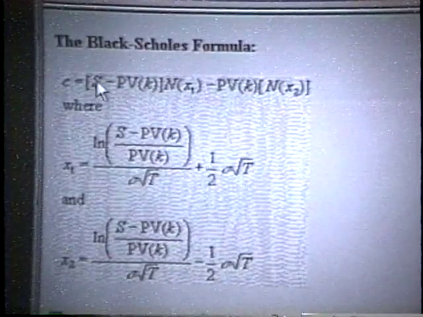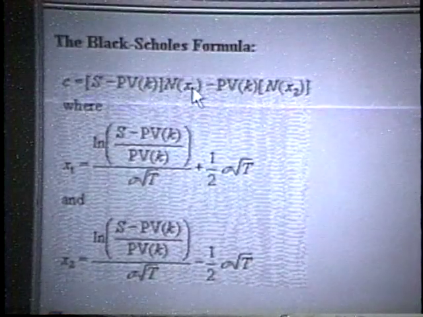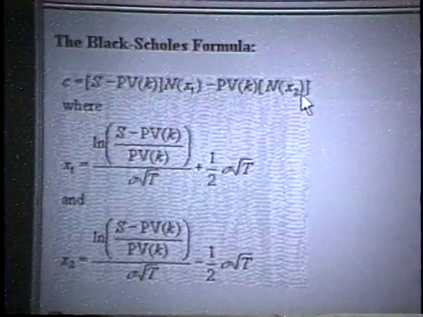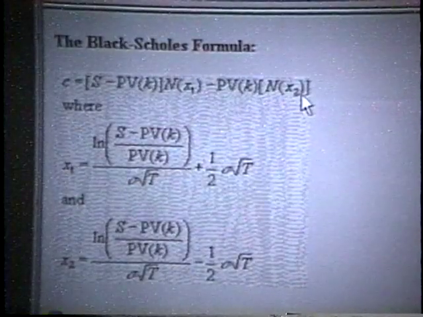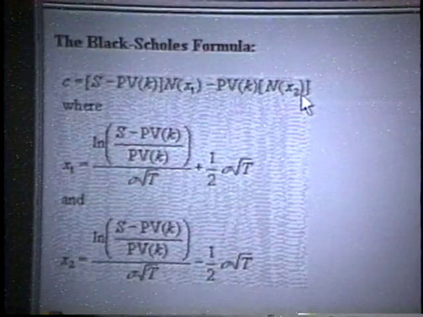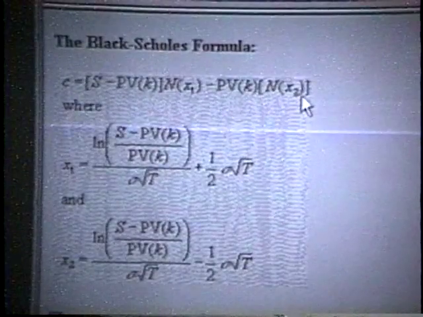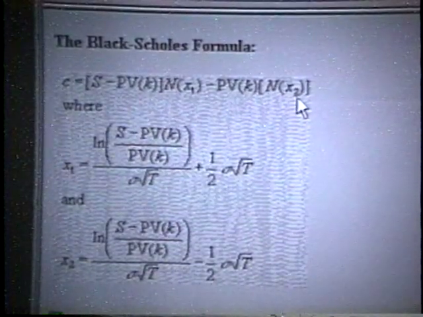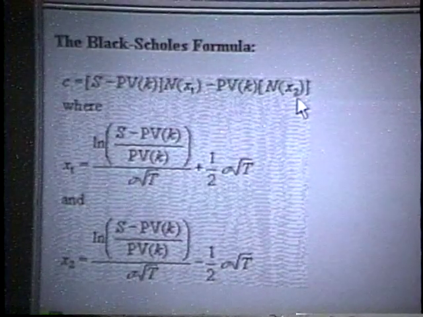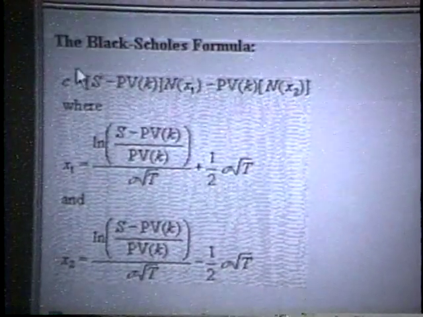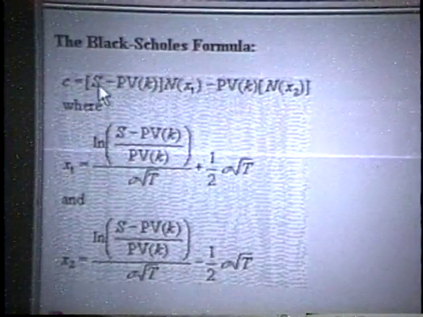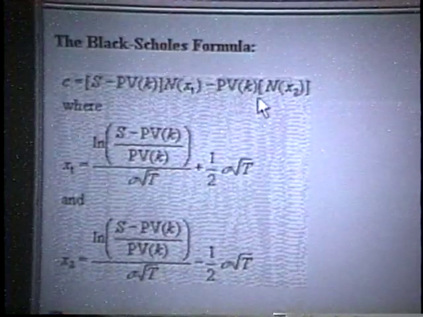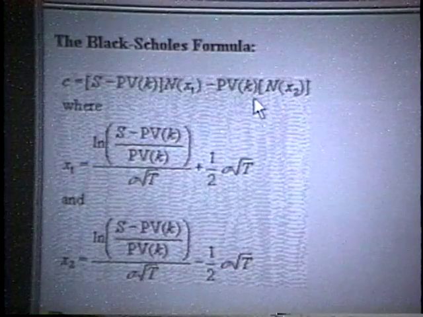And then what we've got is S times N(X1) minus PBK times N(X2). Next, let's ignore the N(X1) and the N(X2). So what's left? C equals S minus PBK. Now, is that somewhat familiar?